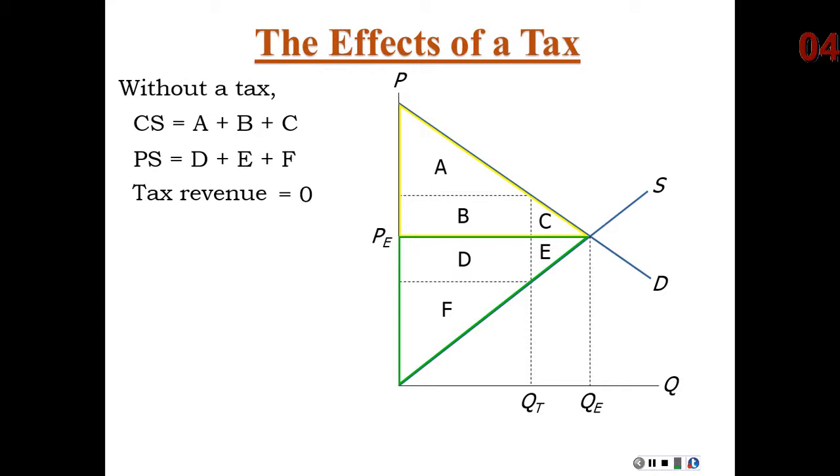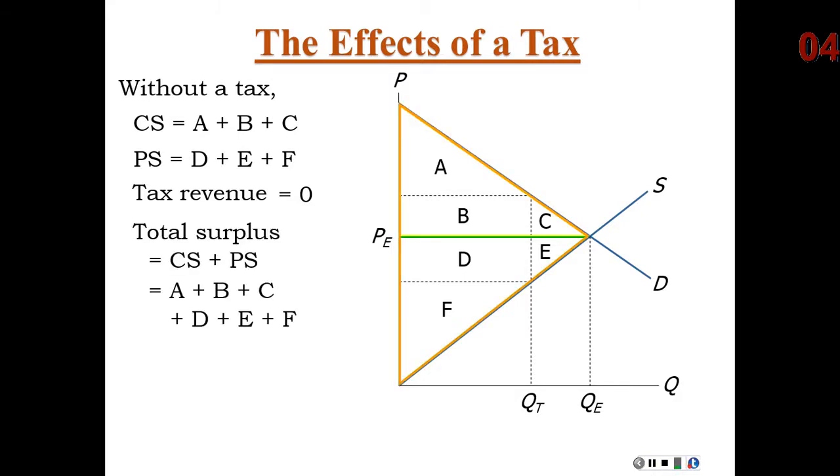If there's no tax, then there's no tax revenue. So don't let that trip you up on an exam or on your homework. What would be total surplus? Well, it would simply be that big triangle A, B, C, D, E, and F. That would be our total surplus, and that would be maximized if this was a competitive market outcome, and there are no externalities, no market power, that kind of thing.